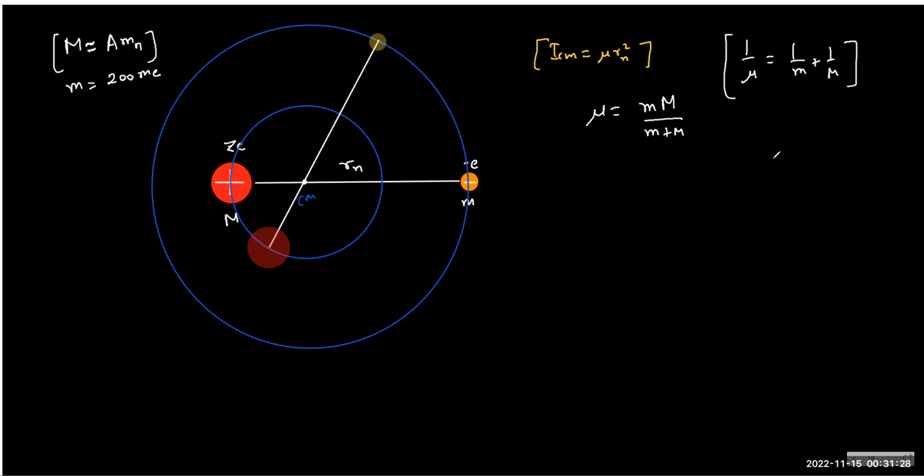It is called reduced because it is less in value compared to each mass. So the reduced mass is less than the least value, right? So ICM we can write directly for a two-particle system about their common center of mass by the formula. No need to derive, you can remember this, or you can read it in rotational dynamics.